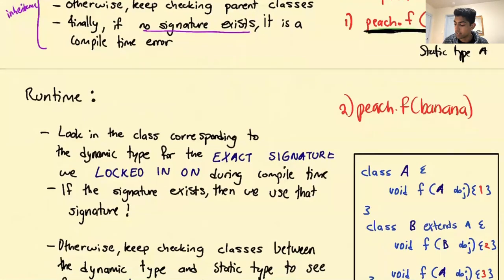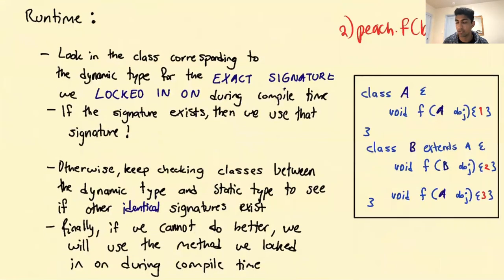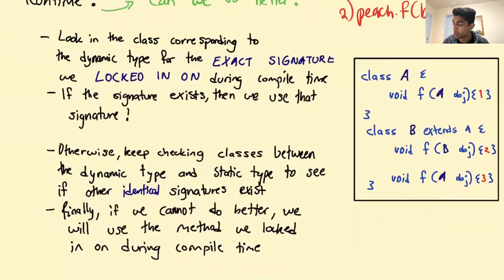Now let's dive into runtime, okay? During runtime, we're going to ask ourselves the following question: can we do better? In this example, recall that we're doing peach.f(peach), right?